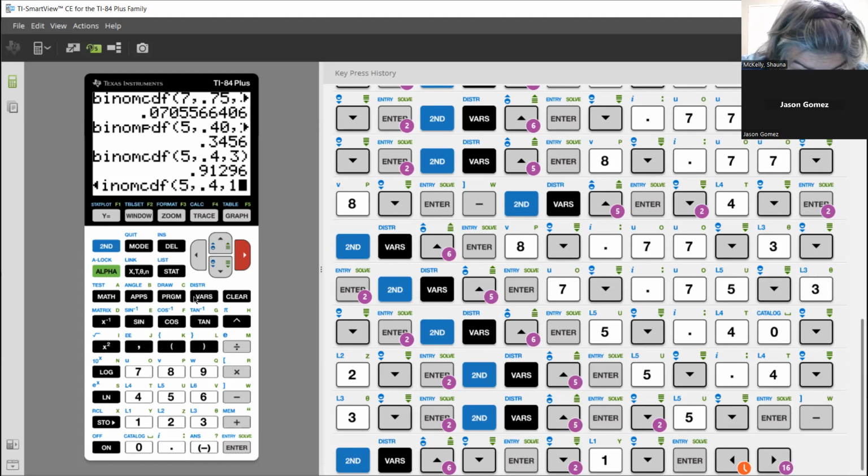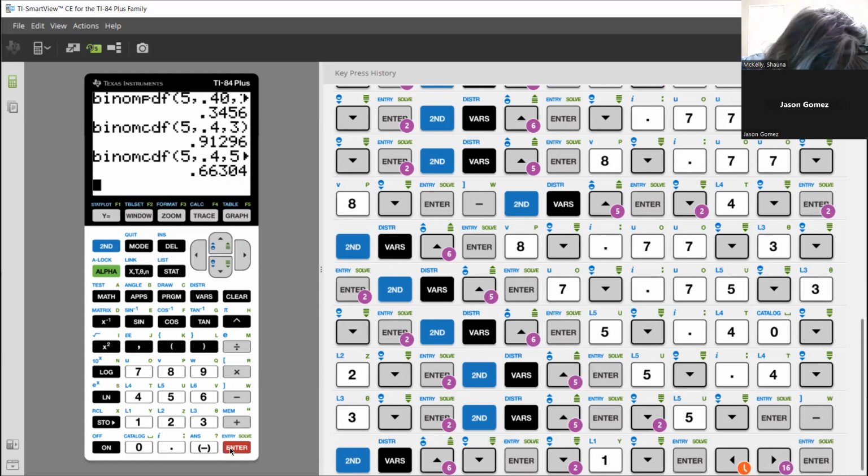So at least 2 people is 0.66304. Probability of X greater than or equal to 2 is 0.6630. Okay. Yeah, I got that. All right, cool.